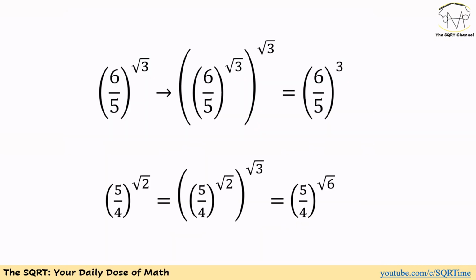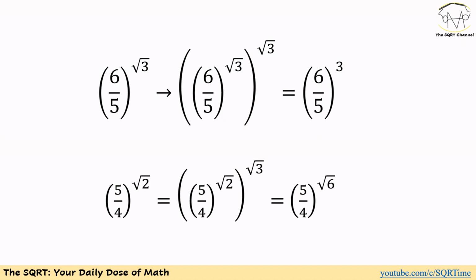Now let's try to solve this problem. So we have two fractions. The first one is (6/5) to the power of √3, and the second one is (5/4) to the power of √2. I'm going to do some trick here. First of all, I'm going to take the power of √3 for both fractions.